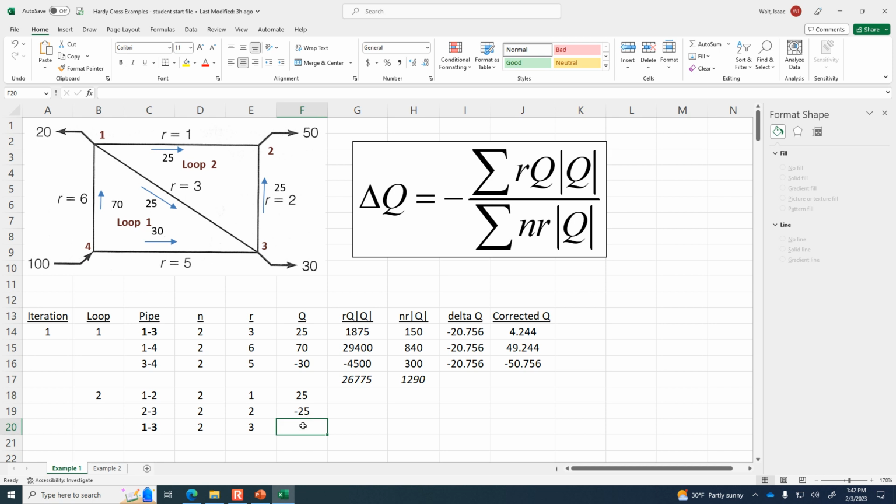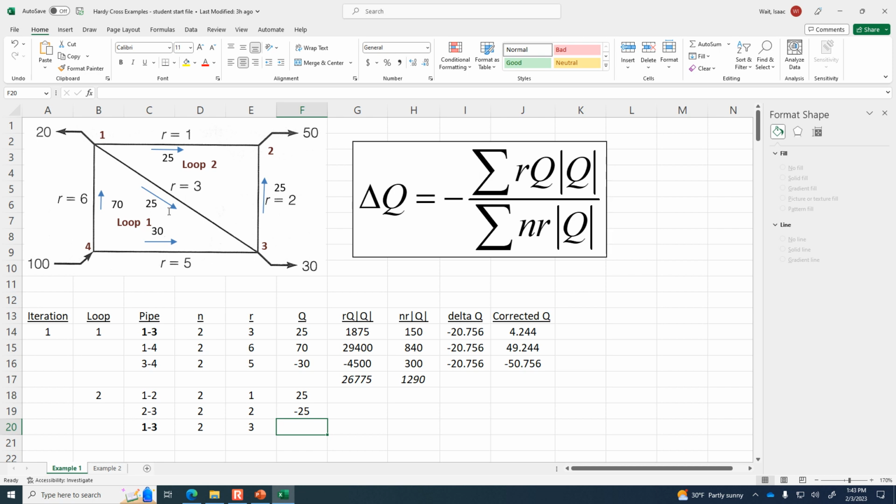I'm going to use this updated value, but I'm not going to say it's 4.244, because when we did the correction, from the perspective of loop 1, the corrected value is 4.24. What does that look like when you're standing in loop 2?